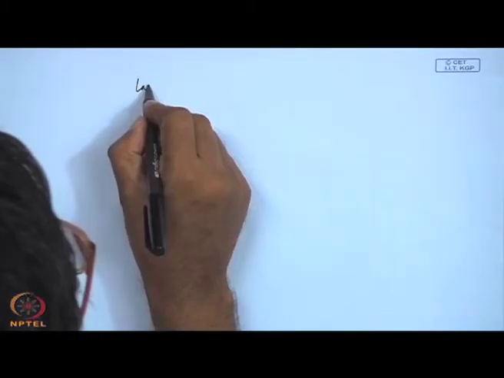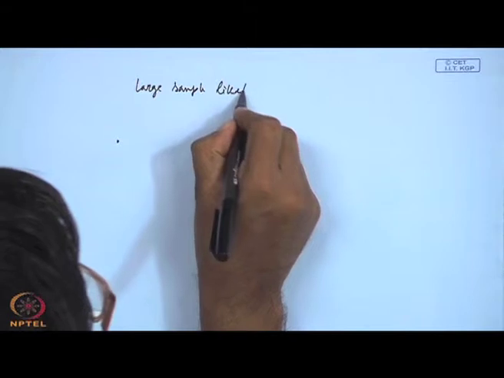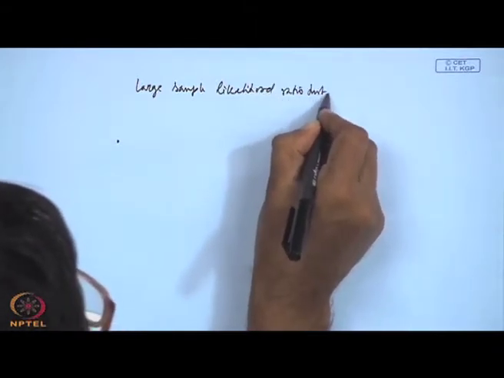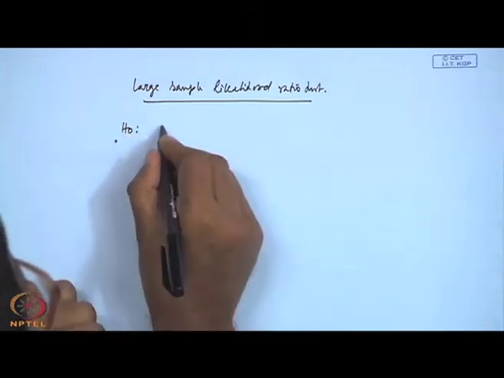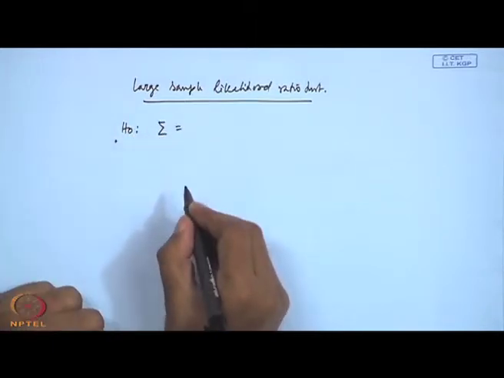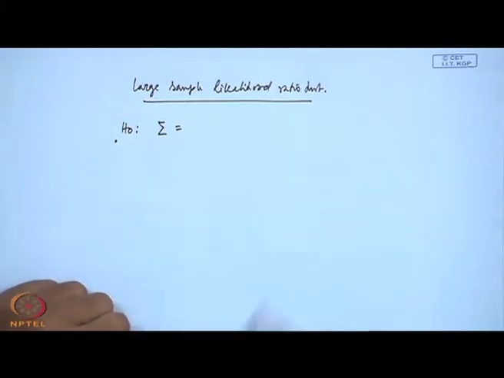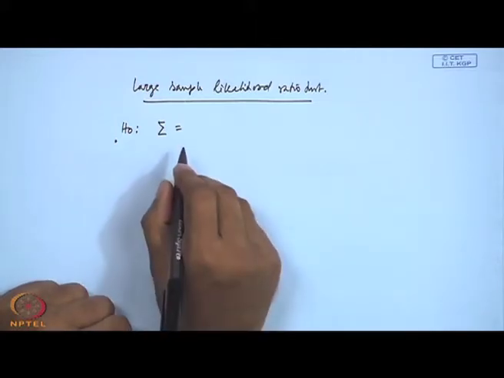Then another one is the large sample likelihood ratio test. We will again use the Bartlett procedure here. The null hypothesis is that the population covariance matrix comes from the factor model, that we are able to reproduce this population covariance matrix from the factor model.